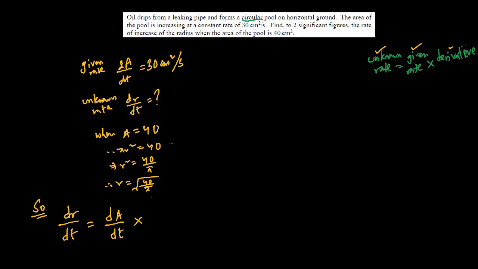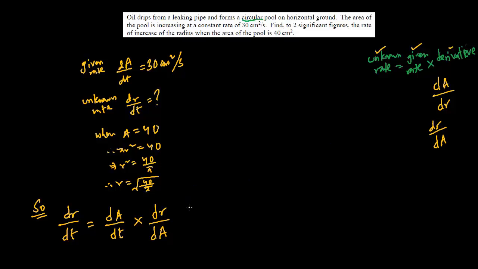Since we're talking about the area of a circle, the derivative can either be dA by dr, or it could be dr by dA, the reciprocal of dA by dr. Since we have to find dr by dt, it should be dr by dA. So this dA and this dA cancel off.